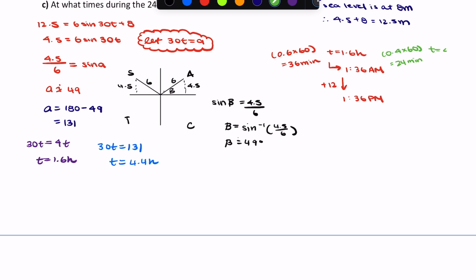So here, when t is equal to 4.4, it would be at 4:24 a.m. Or in that next cycle, we add 12, at 4:24 p.m. So what that means is we can write our therefore statement. So here, therefore, the water is 4.5 meters above sea level.